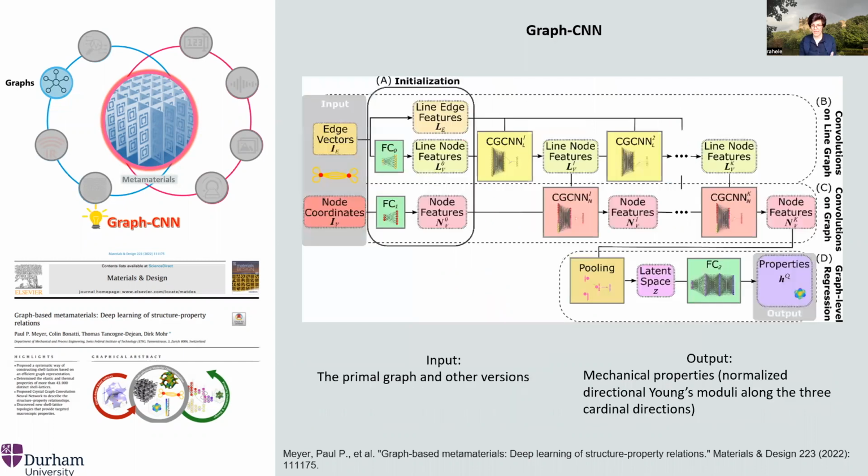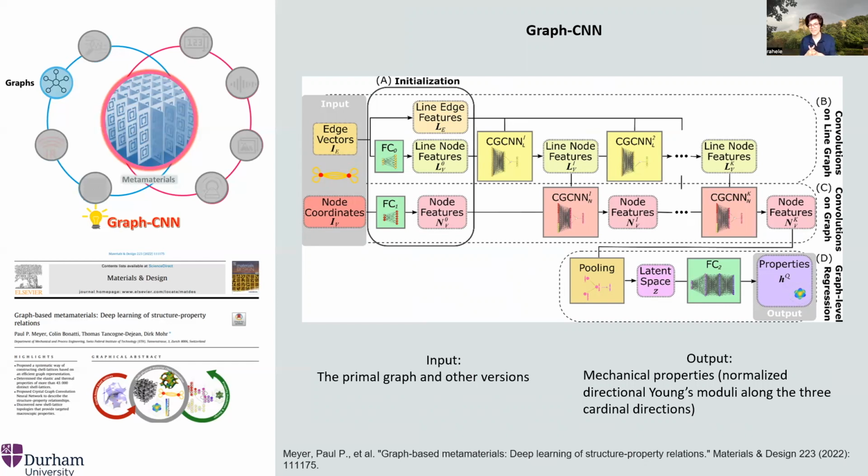So what happened here is that they designed a graph CNN. The input is that graph that we are talking about, a version of our metamaterial represented by a graph. And the output is some properties. It's a kind of regression. So it's mechanical properties, but it can be anything as we discussed, classification or so.